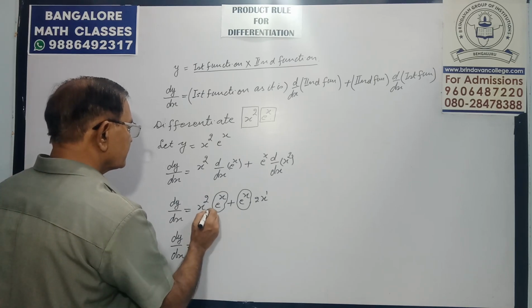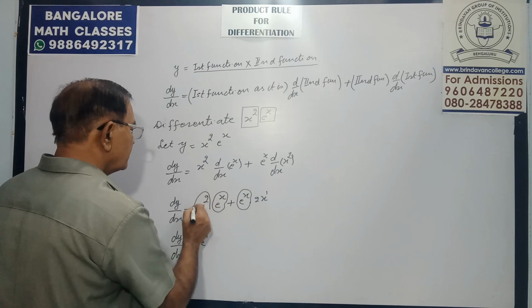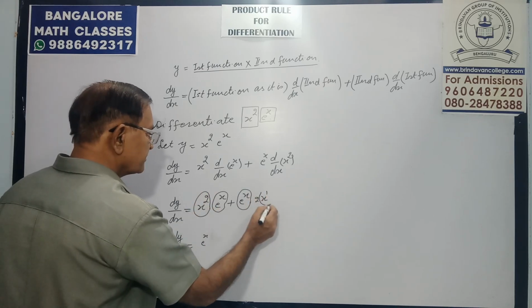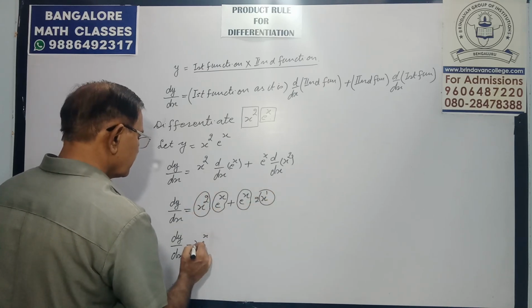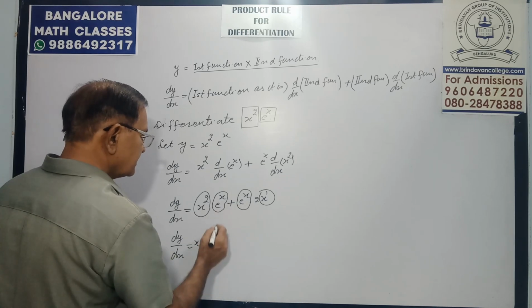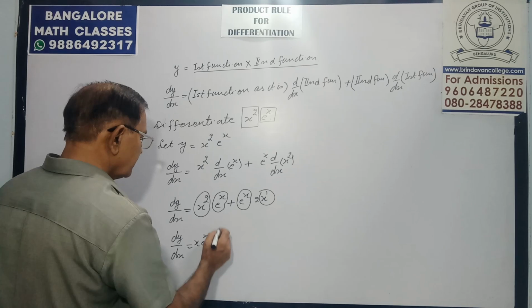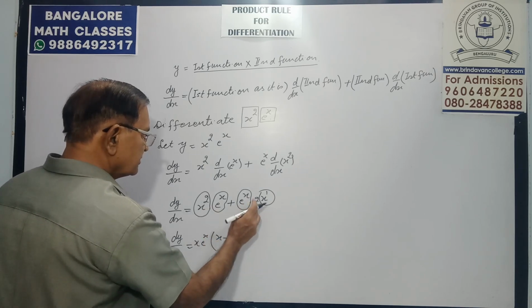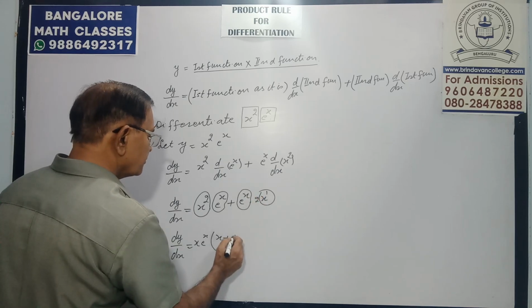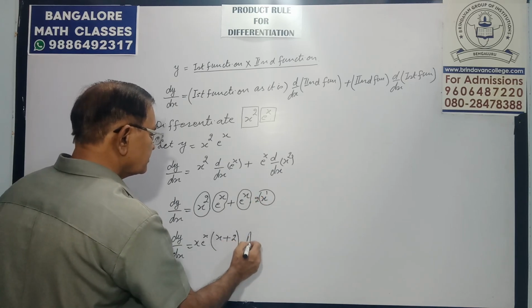We can take x square and x common, e power x and e power x. So x e power x we can take common. We are left with x here plus e power x and x common. So that will be the answer.